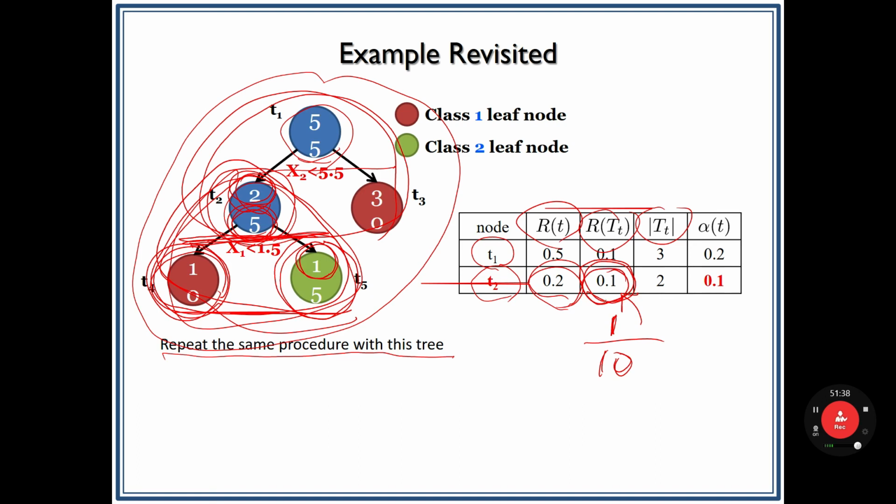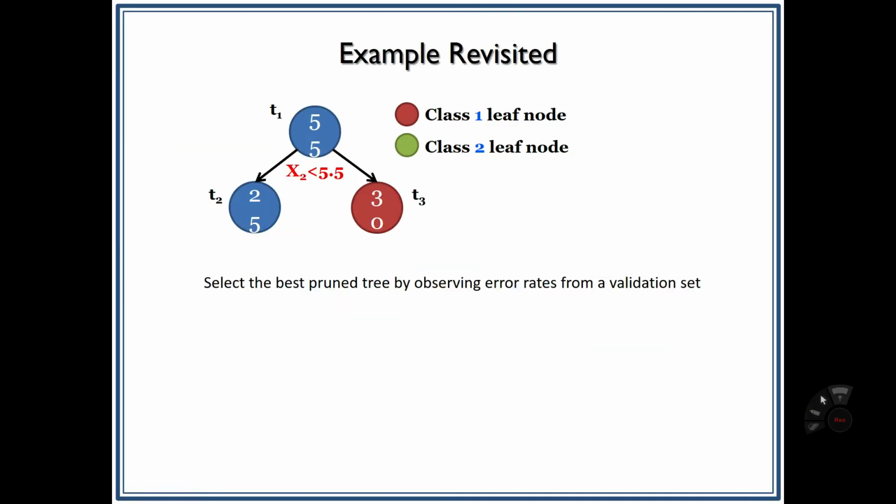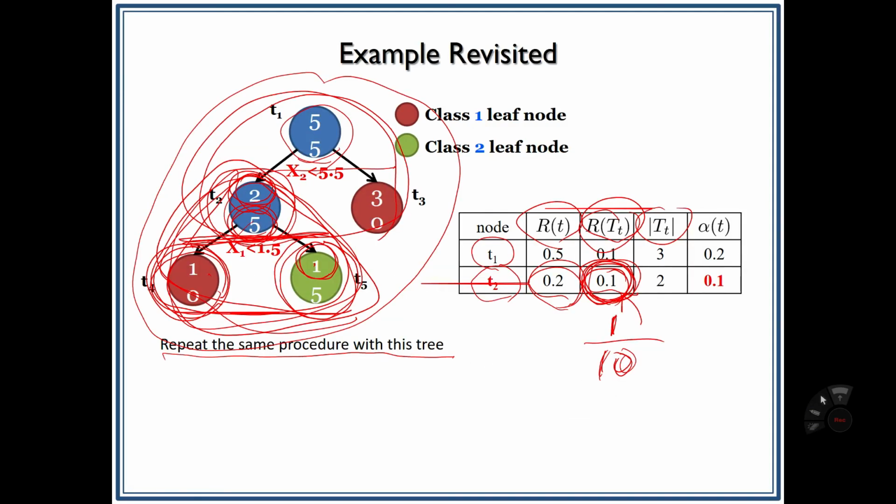We compute this R of T sub T, the error rate by this lower part, in this way. Please pay a little attention to this computation. So the denominator is not 1, 2, 3, 4, 5, 6, 7. The denominator is not 7. The denominator is 10. Please pay attention to this.